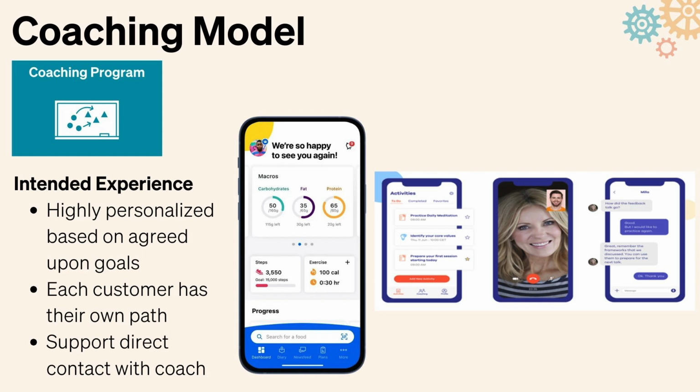They let the customer or their client say, hey, I want to work on these things. And then the coach has a set of tools that allows them to work on those things. And so inside of a coaching model, it's really important that the membership is highly personalized based on the path that the coach and the client have decided on. They also have direct access to the coach, and they can track the usage of that direct access.